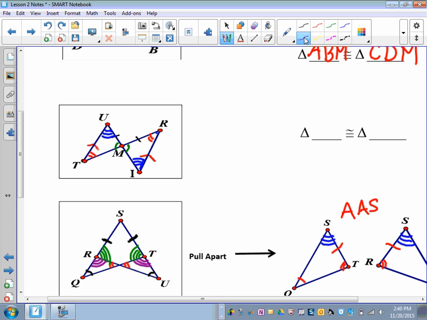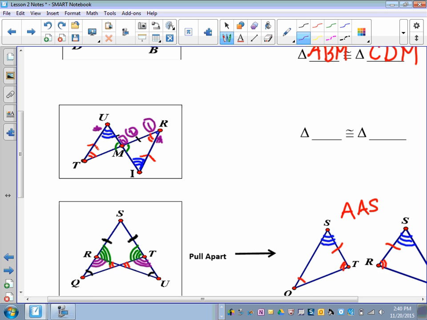If I do angle, side, angle, when we try to do angle, side, angle again, is this angle the same as that angle? No. Hey, you got it. No.